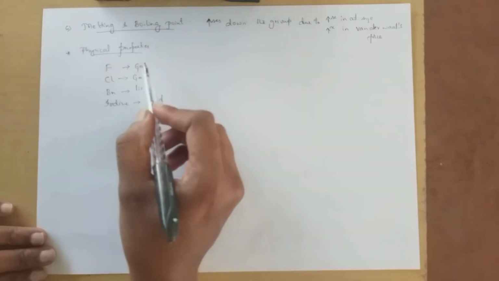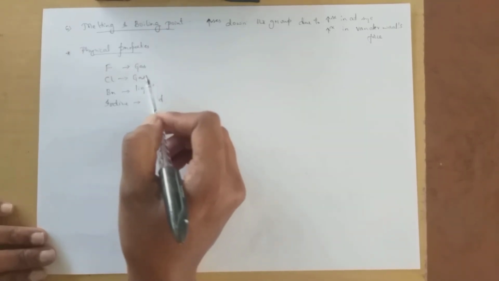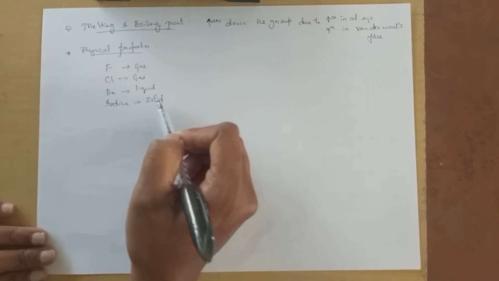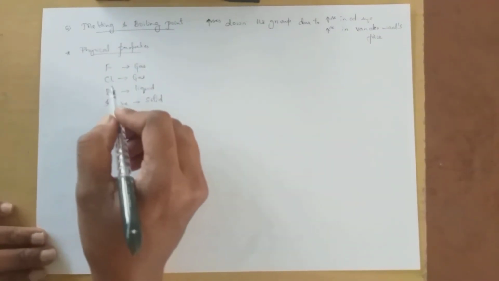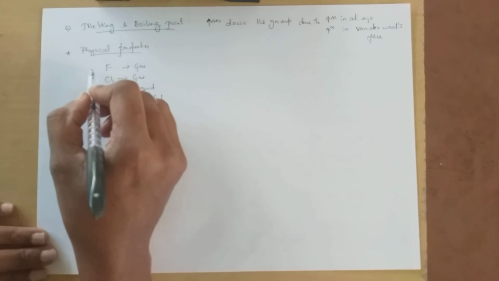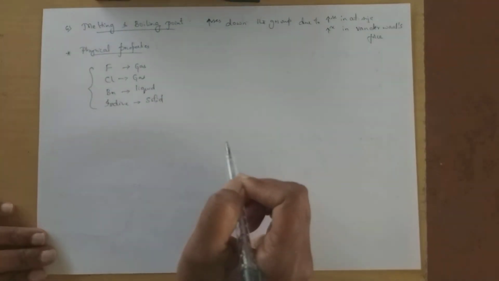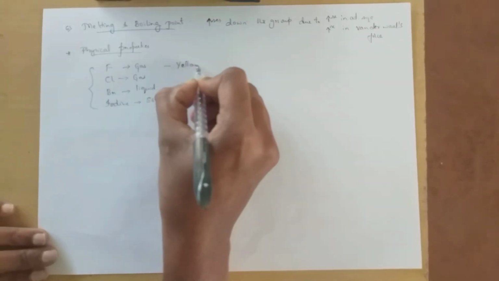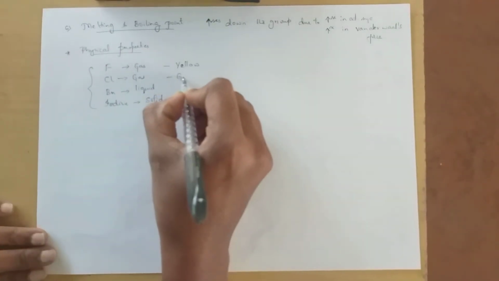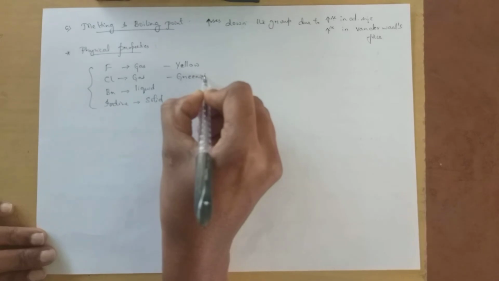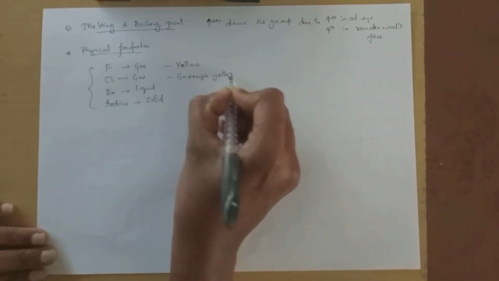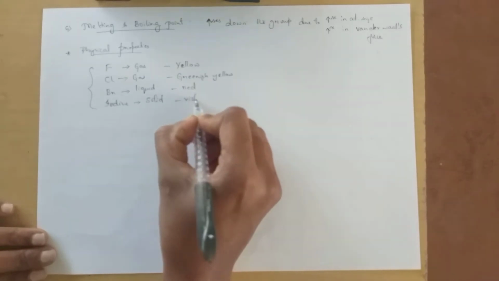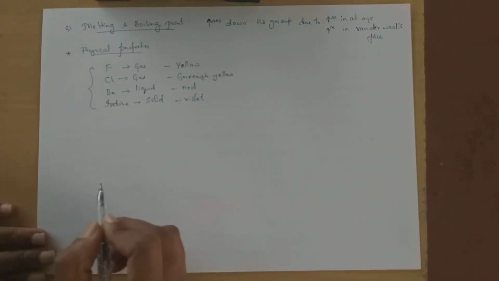These halogens are also colored. Particularly fluorine is yellow, chlorine is greenish yellow, bromine is red, and iodine is violet. Okay?